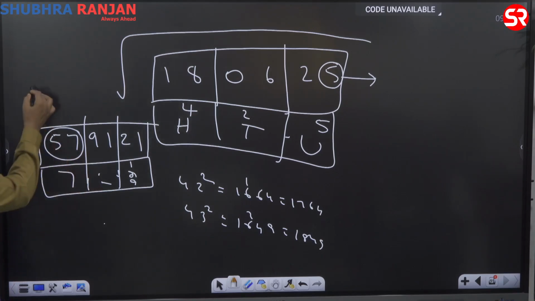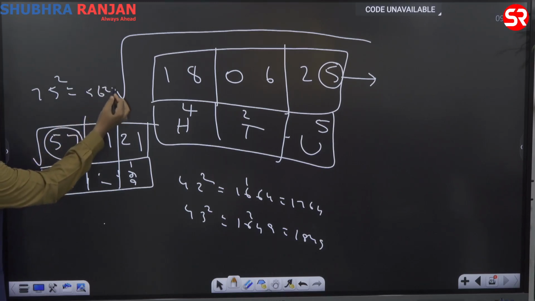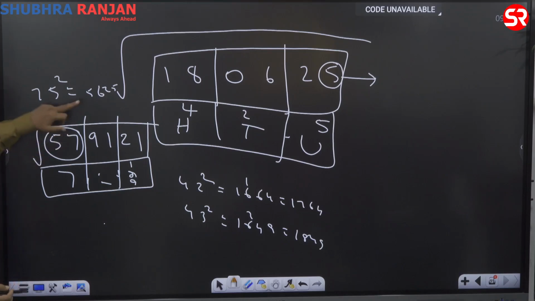What is 75 square? Square ending with 5, 5, 6. Fantastic. 5625. 5791 is greater than 5625.